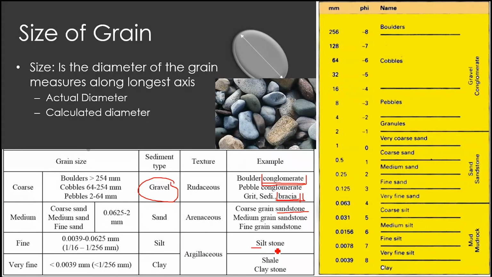And siltstone and shale or claystone are made up of silt size or clay size particles. Okay, so this is the classification, or the study, of the size of a grain.